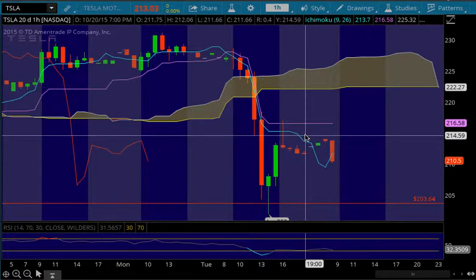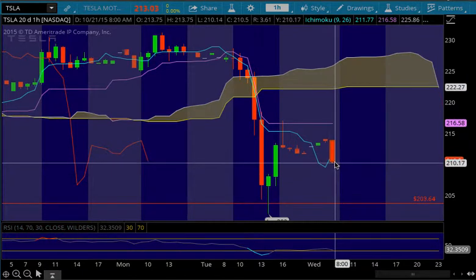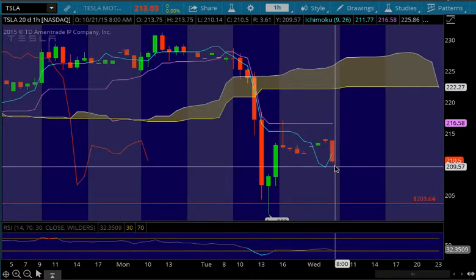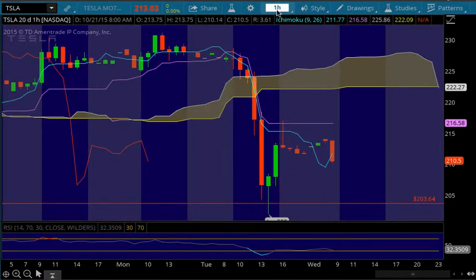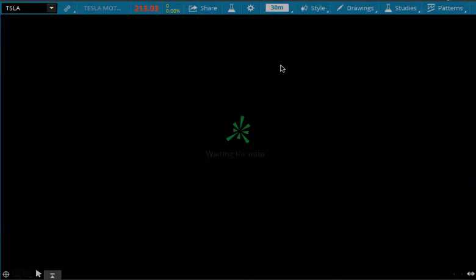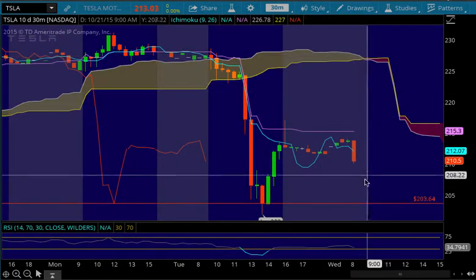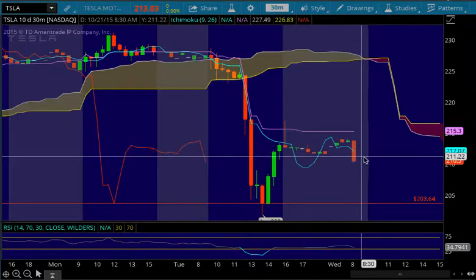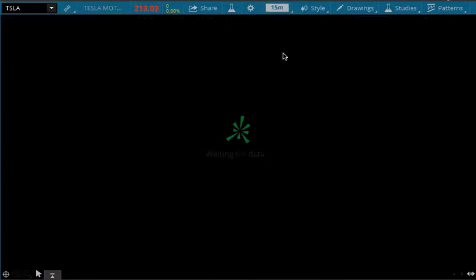So bearish on the hourly time frame for Tesla, and the fact that the current hourly candle is underneath the Tenkan Sen is not good news either. Bearish. Let's look at 30-minute. 30-minute still bearish, rejected from the Tenkan Sen. And 15-minute.